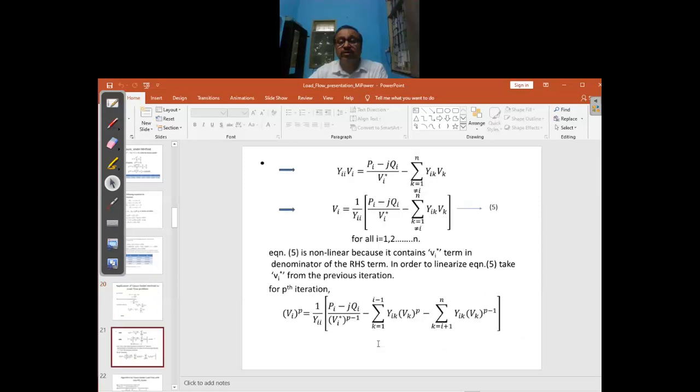These will be n simultaneous equations. So we have tried to express x as a function of x, or Vi as a function of Vi. So that is what we have tried to see.